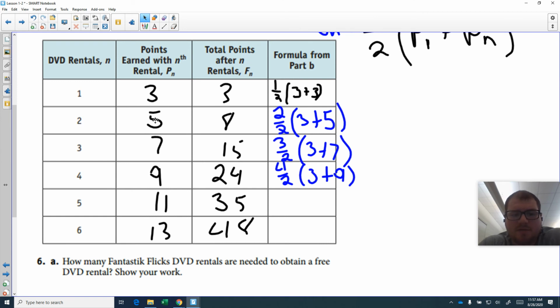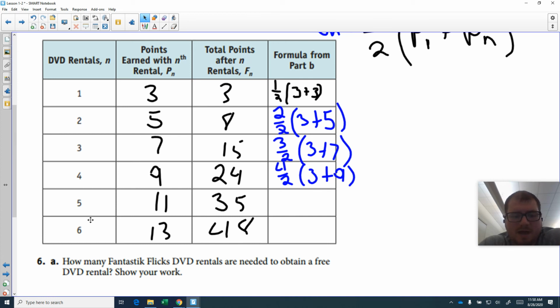At 2 DVD rentals, I'd be earning 5 more points. I would plug it into the equation. 2 divided by 2 is 1. 3 plus 5 would be 8, and that would give me my total points. See how each time it actually works out in giving me the total points?